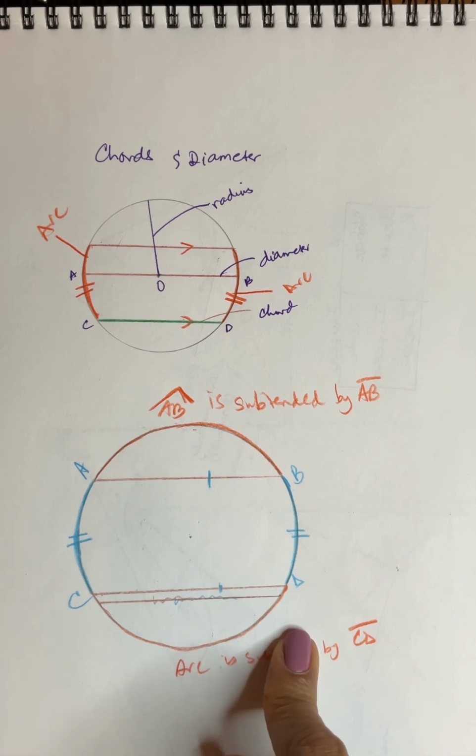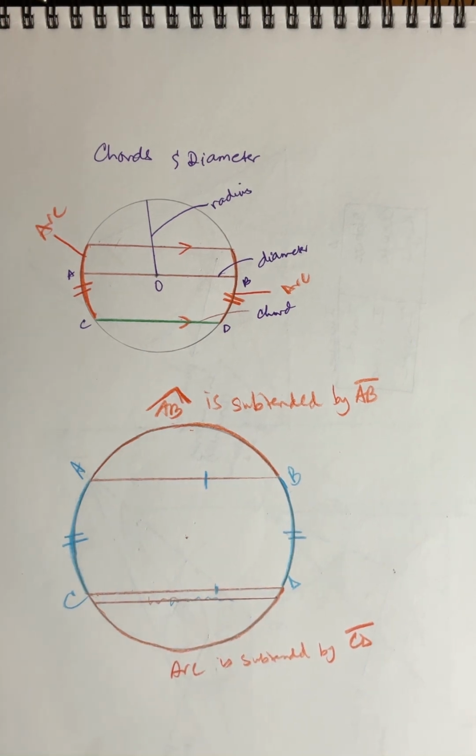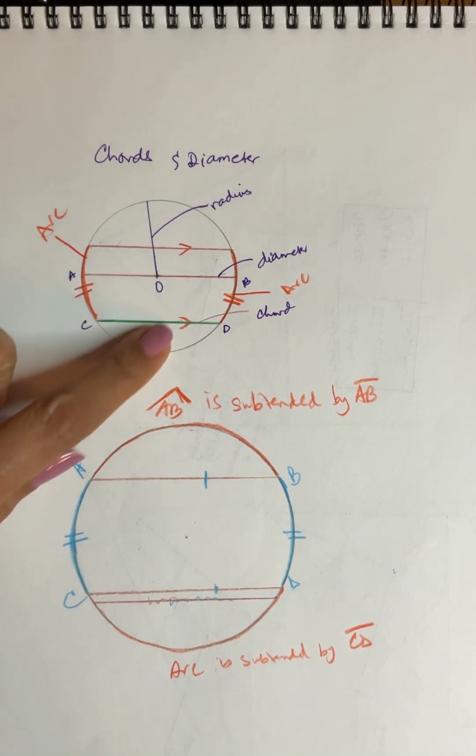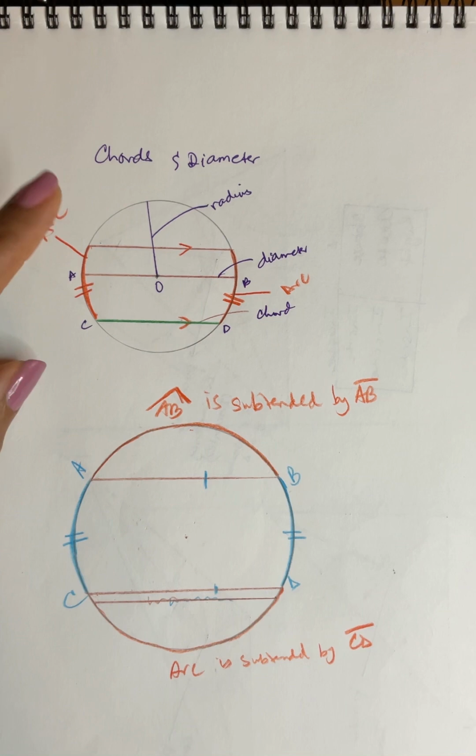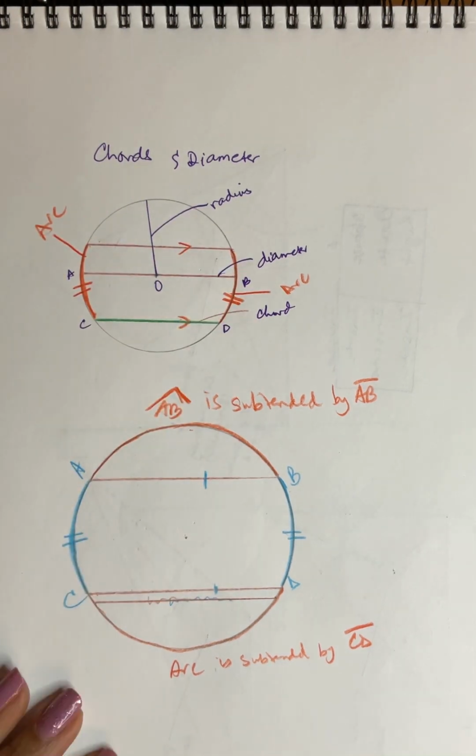All right, so that's it that you need to know. And if you have parallel chords, then the arcs between them are also going to be congruent.